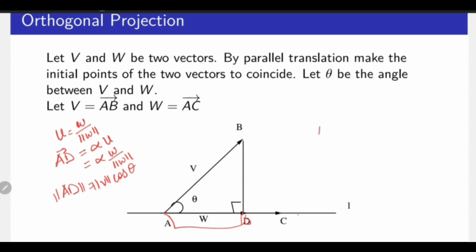So substituting the value of alpha here, the vector AD is given by alpha times u, where alpha is this one, which is norm of v cosine of theta, divided by norm of w, times w.